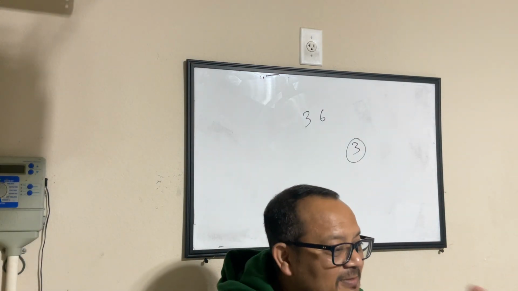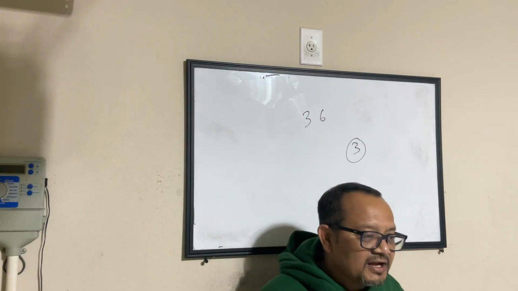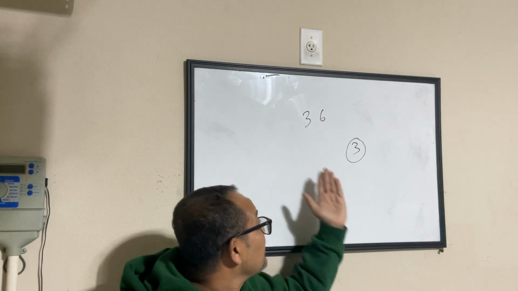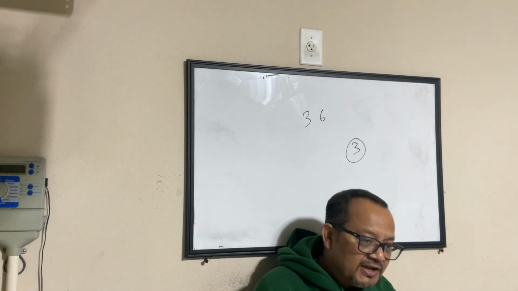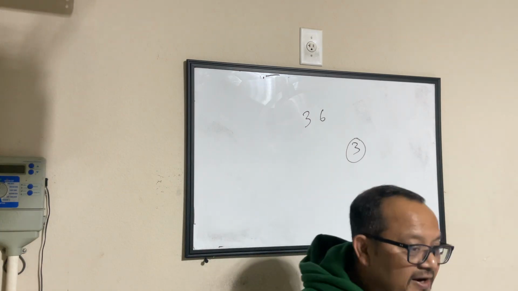Don't do any division, okay? I'm just asking a question. I want you guys to think and tell me that if you have to divide a number by 3, can you just look at the number and tell me whether you'll be able to divide that by 3 or not?